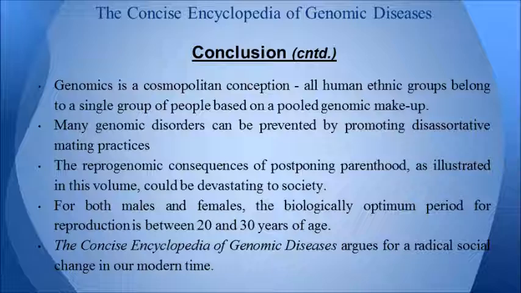We may have not realized what our society risks by continuing the trend towards delaying parenthood. The reprogenomic consequences of postponing parenthood, as illustrated in this volume, could be devastating to society. For both males and females, the biologically optimum period for reproduction is between 20 and 30 years of age. The Concise Encyclopedia of Genomic Diseases argues for a radical social change in our modern time.